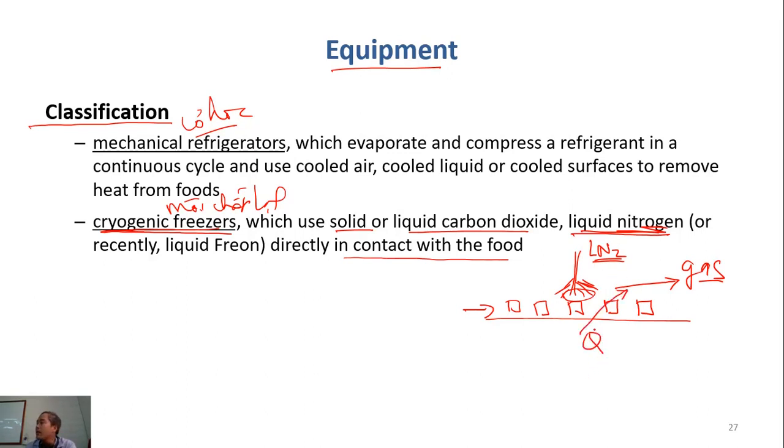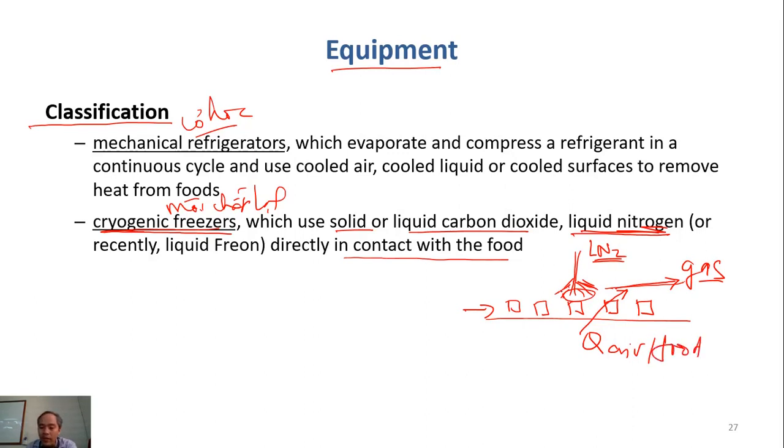It absorbs the heat. For example, when you boil water, you need to supply heat. The water needs to absorb the heat, to take in the heat to boil. This is the same. Okay? Liquid nitrogen, when it is converted into gas, will absorb the heat. It takes the heat from where? From the air. From where? From our food.